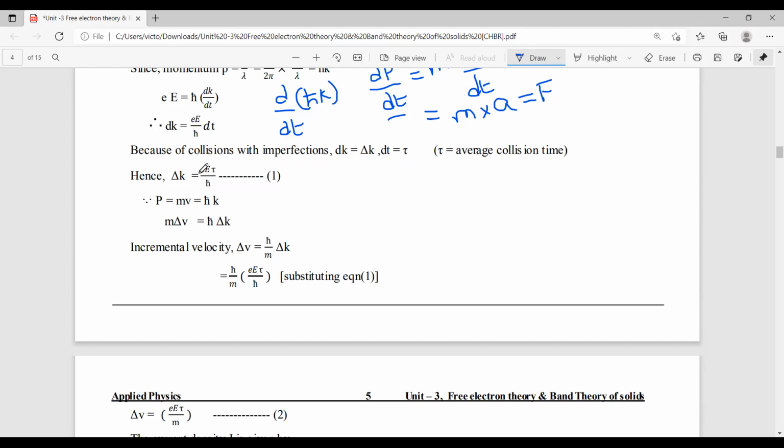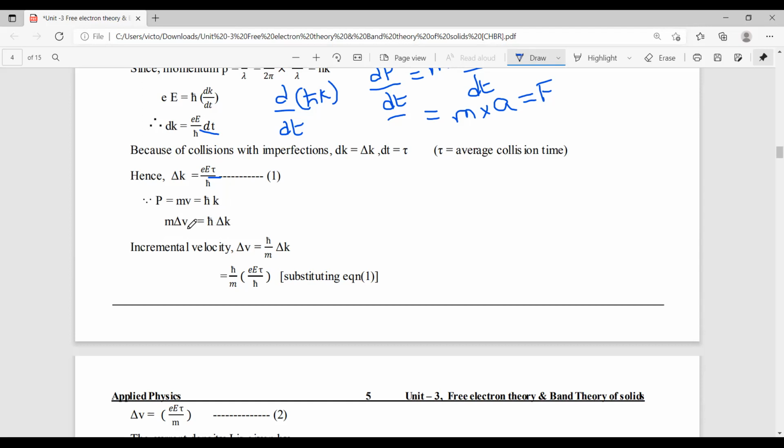Then Δk equals eEt/ħ. Here dt is replaced with small t. This is the expression for Δk; let it be equation 1. But we have momentum P equal to mass into velocity, and another expression for the momentum, that is ħk.